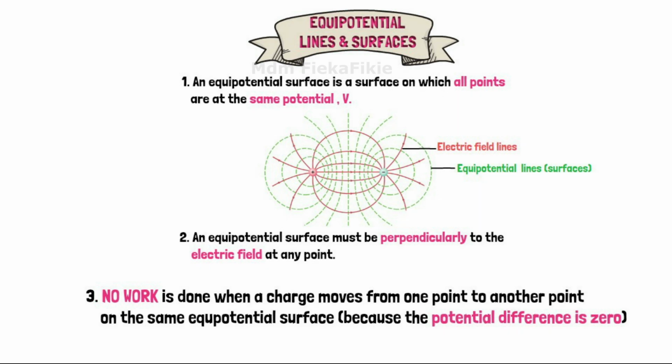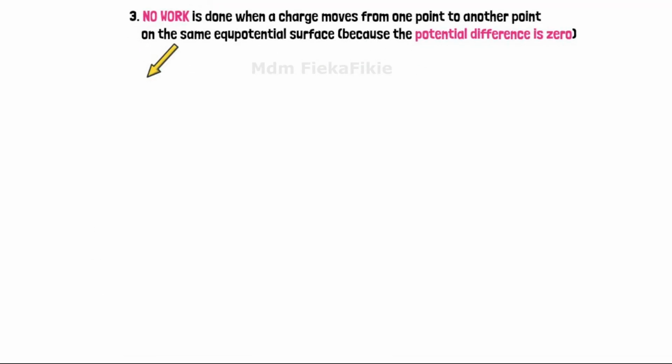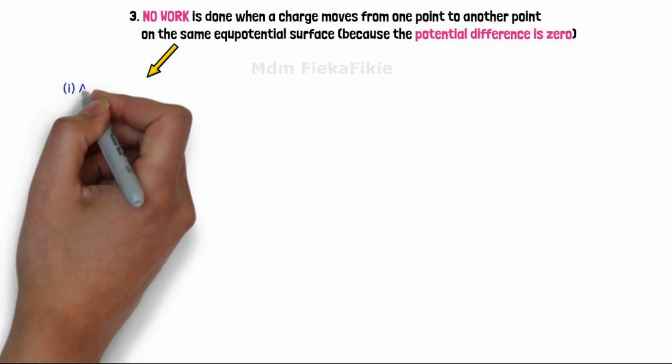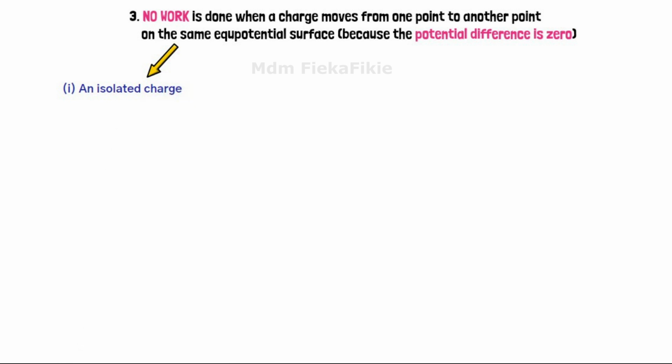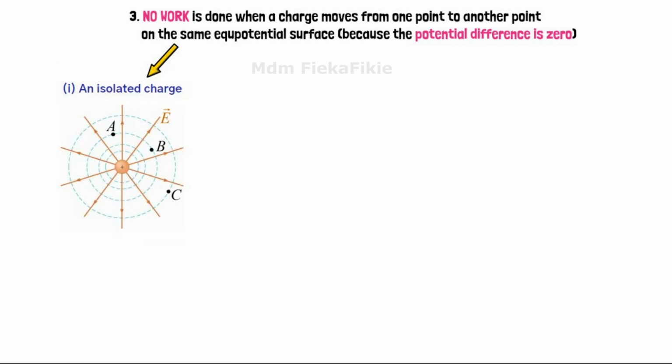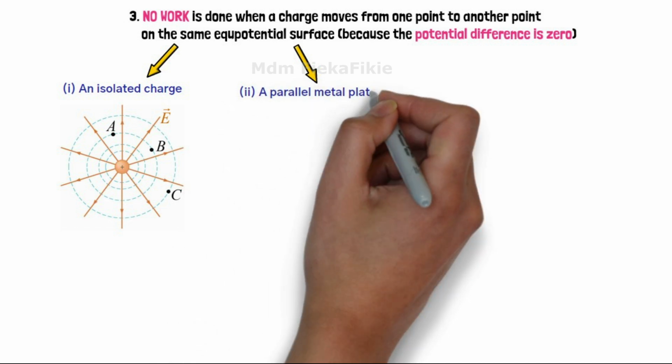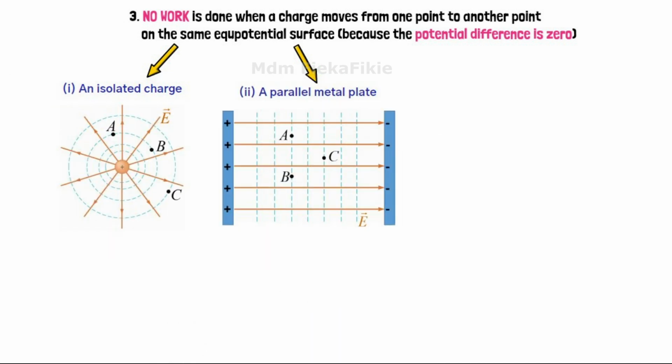So di sini saya ada dua diagram. Yang pertama adalah the diagram of the equipotential surface of an isolated charge, and the second diagram is the equipotential surface of a parallel metal plate. So sebelum kita discuss lebih lanjut, apa beza kedua-dua diagram ini?